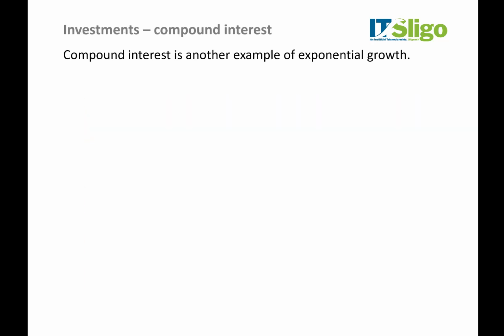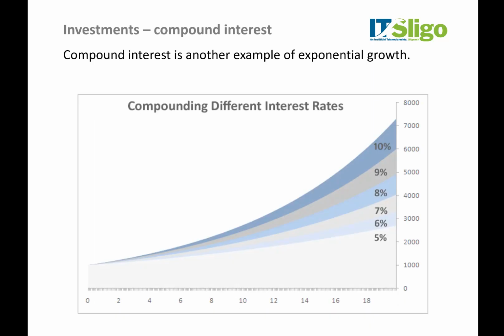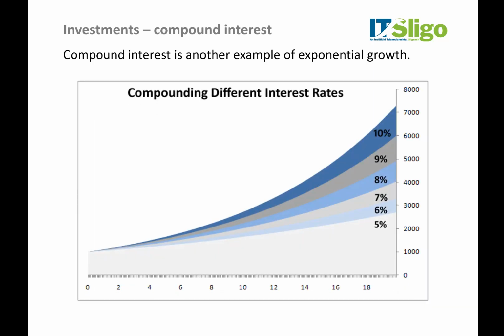Compound interest is another example of exponential growth. We kind of looked at this briefly with the discussion on k. And this just gives an example again of kind of say €1,000 invested at different percentage rates. And you can see a small change in percentage has a big impact on the amount of money accrued.